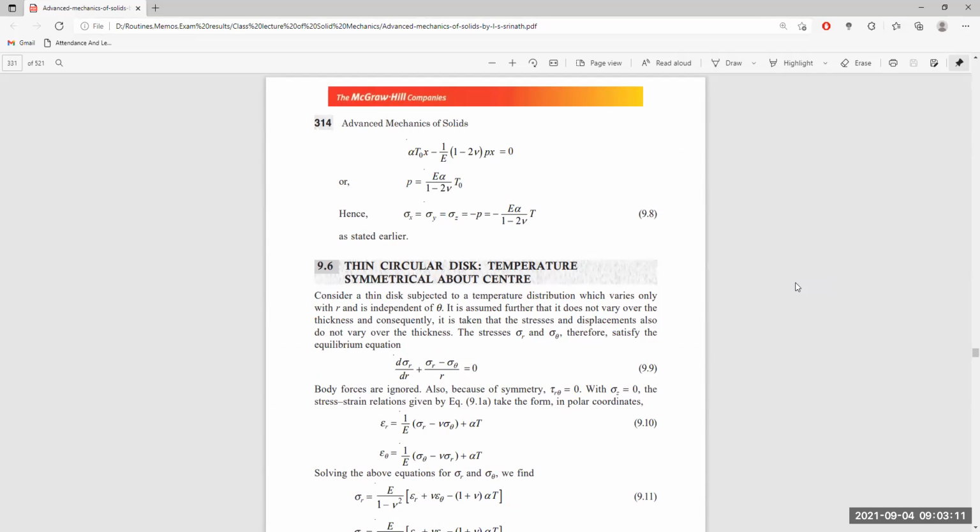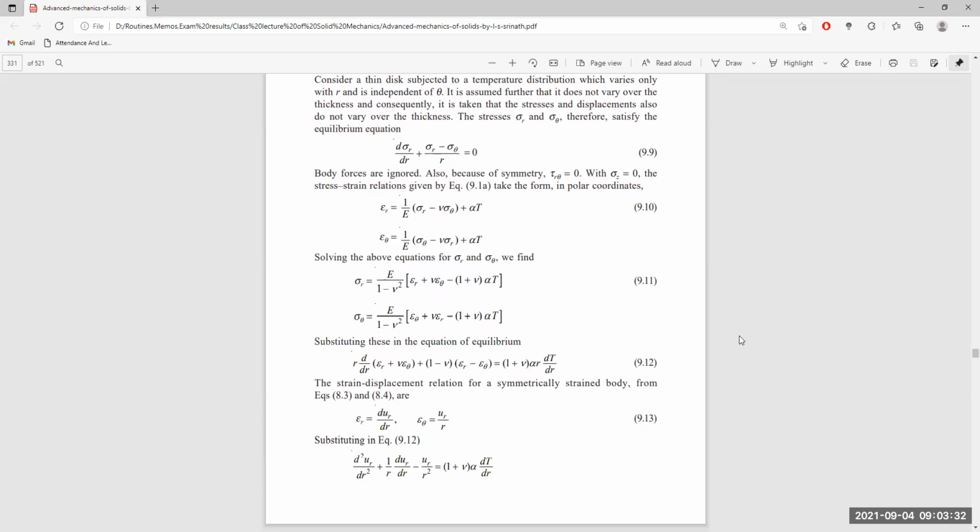We assumed that there is no stress induced along the longitudinal length of the disk, and the stress is induced only in the radial distribution. The temperature gradient, the rate of change of temperature, happens only radially, from 0 at the center to maximum at the outside.